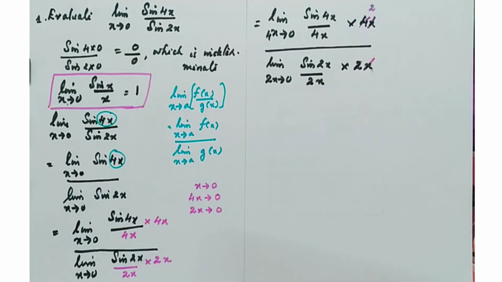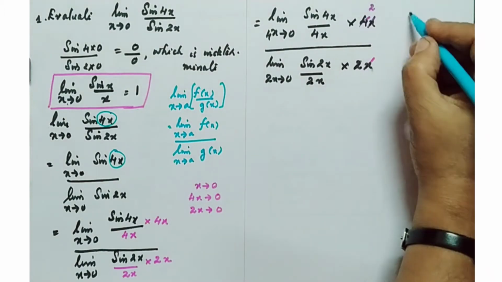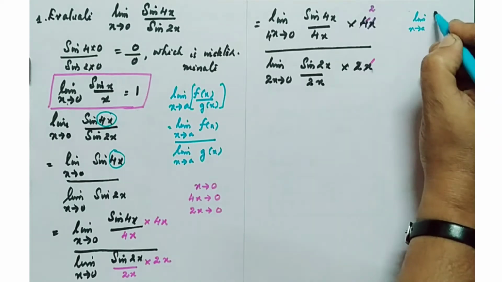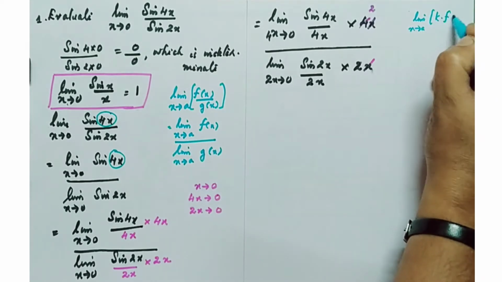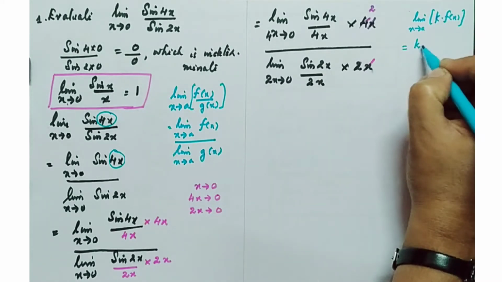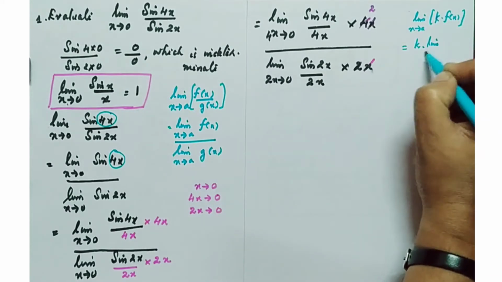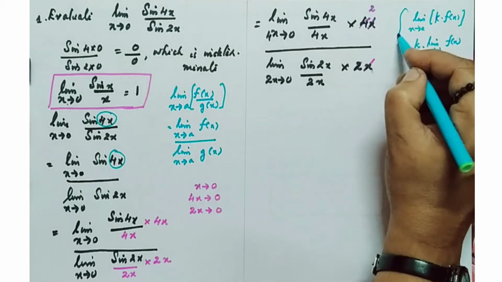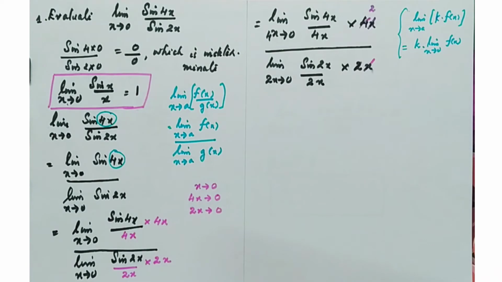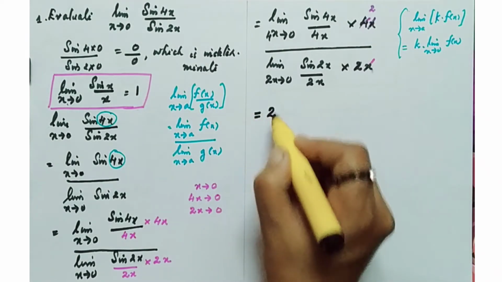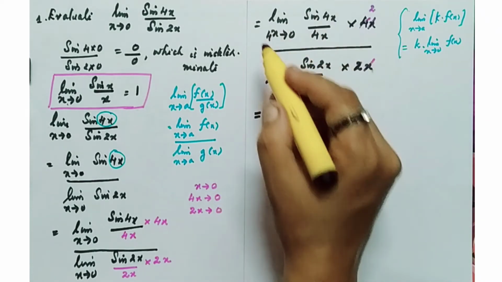Now again we come to the algebra of limits. We have limit x tends to a of a constant k into f(x). If it comes, the constant you can take outside the limit: k into limit x tends to a of f(x). That property I am going to apply here. Here 4 by 2 is 2, which is a constant that I can take outside of the limit.